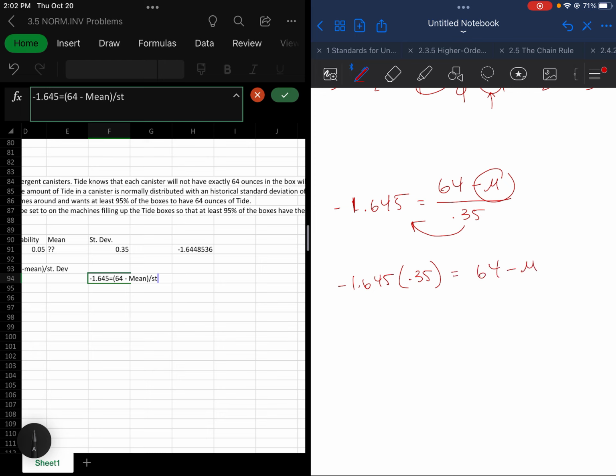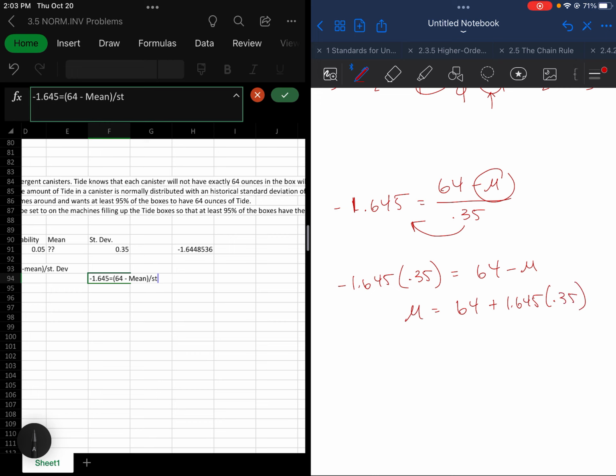And then I'm going to do the old switcheroo here. I'm going to add the mean to this side, and I'm going to subtract, which means I'm actually going to add this to the other side. And what I'm going to end up with is the mean being 64 plus 1.645 times 0.35.